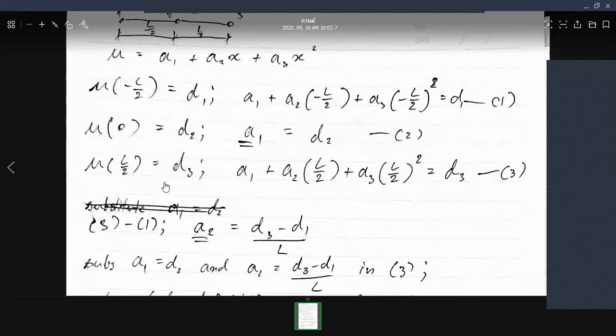So we substitute those x values into the equation, and we have equations 1, 2, and 3.